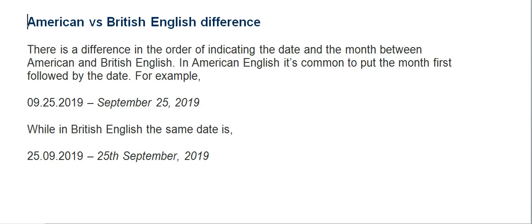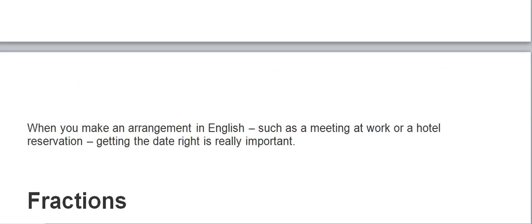While in British English, they say 25th of September 2019. You see the difference?